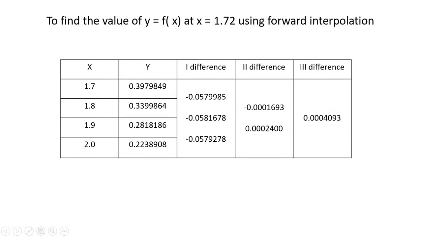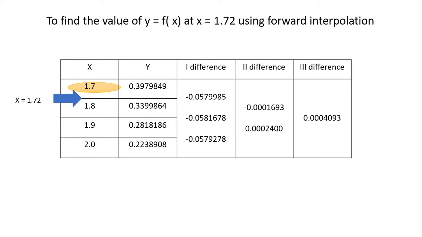To find the value of that function, the basis function at x equal to 1.72, using forward interpolation formula. Here we have to use both forward as well as backward interpolation formula. So for forward interpolation formula, we need the values like x0, y0, delta y0, delta square y0, delta cube y0. x equal to 1.72 lies between 1.7 and 1.8, and x naught is nothing but the value above x from the table, and this is the value above x.